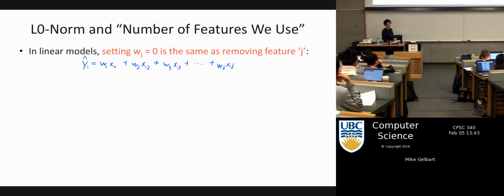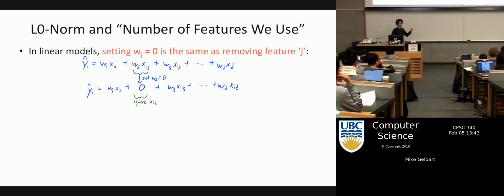So if I said W2 equals 0, that means 0 is going to be multiplying feature 2 every single time. And so whatever feature 2 is, it doesn't matter. It's as if I threw it away. So again, for linear models, setting the coefficient to 0 or throwing away the feature are pretty much the same thing.